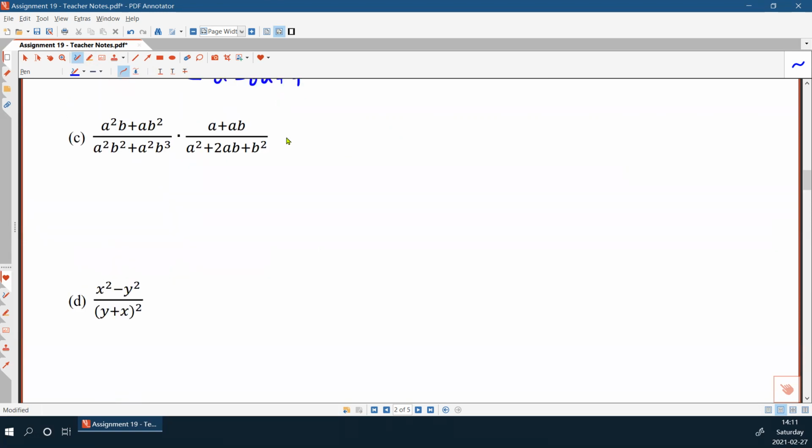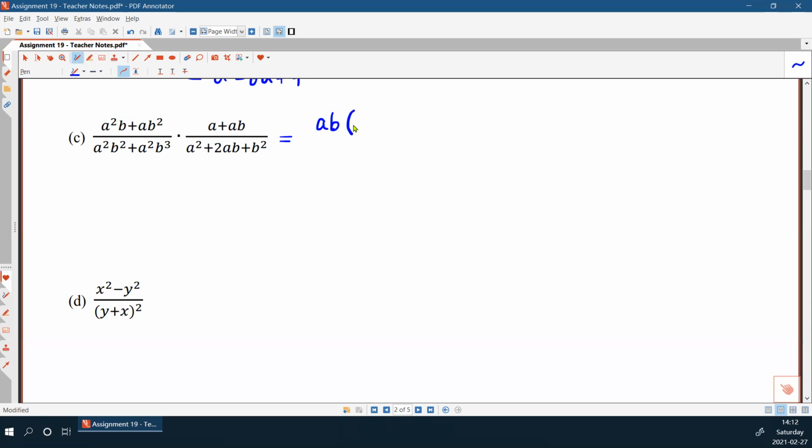Next one, the logic is very similar. In order to simplify this expression, we need to convert the numerator and denominator to the factored form. So anything in common there? Okay, for the first numerator, of course, there is, which is ab, right? ab is a common factor, which we can put in front.